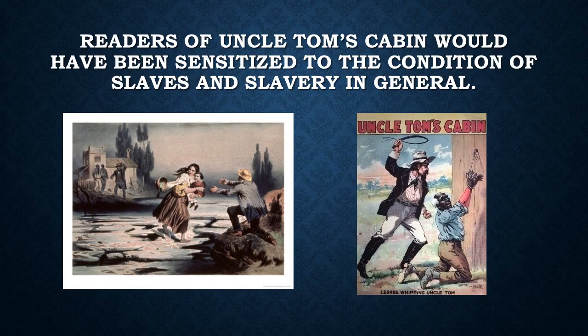And so these were the images that the readers of Uncle Tom's Cabin would have had planted in their minds. And what happens here as a result of all of this is that an entire generation of Northerners who had read this book or knew of the story are now sensitized to the condition of slaves and just to slavery in general.